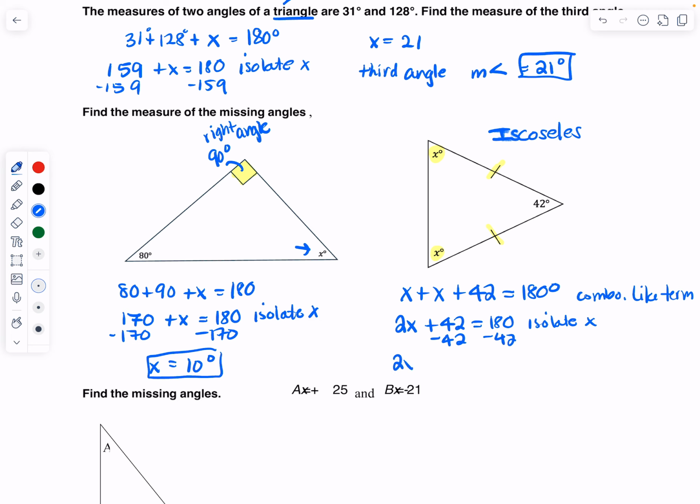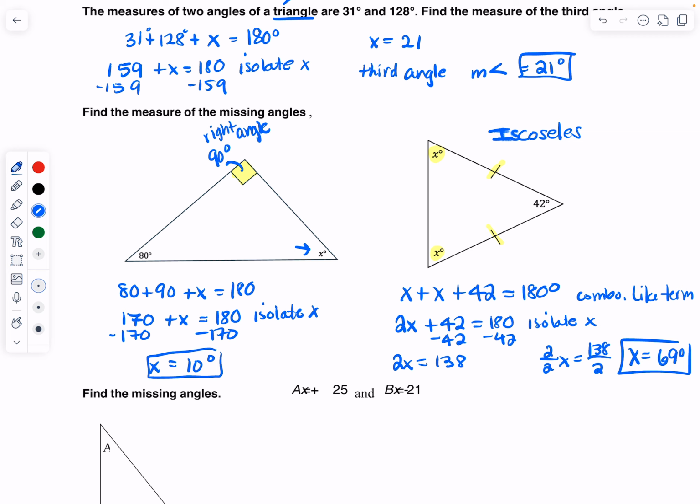So 2x equals 180 minus 42, which is 138. Now my next step is to divide off that 2. So x equals 138 divided by 2, which is 69 degrees. So both of the isosceles interior angles are going to equal 69.